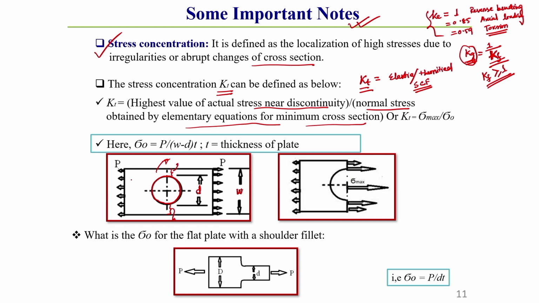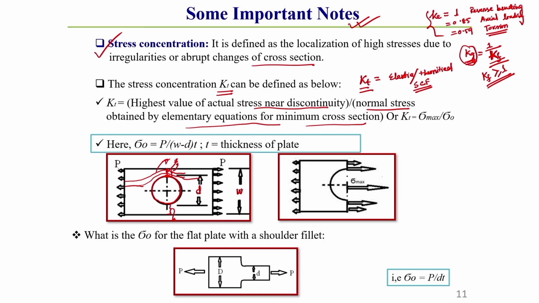Now, you know these things: due to this load, in this discontinuity zone there is a high rise of stress. Here the stress is this much; as you come to the discontinuity region, the stress rises to its maximum.